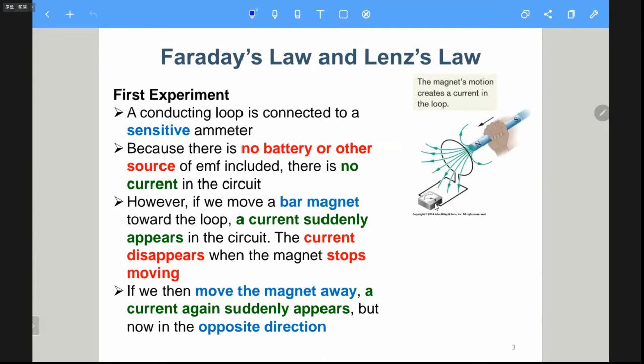Actually, this is an ammeter. It says a conducting loop is connected to a sensitive ammeter. Sensitive means it can sense some small current. An ammeter is used to sense the current.